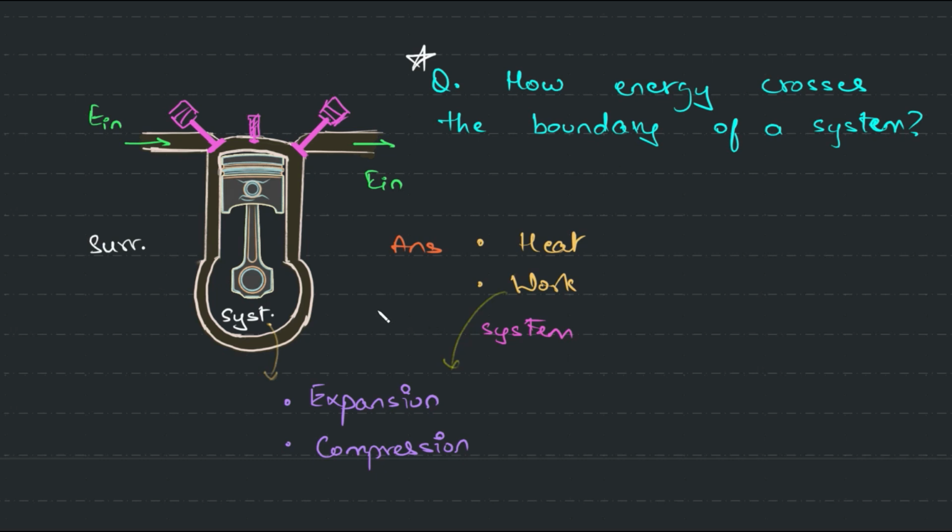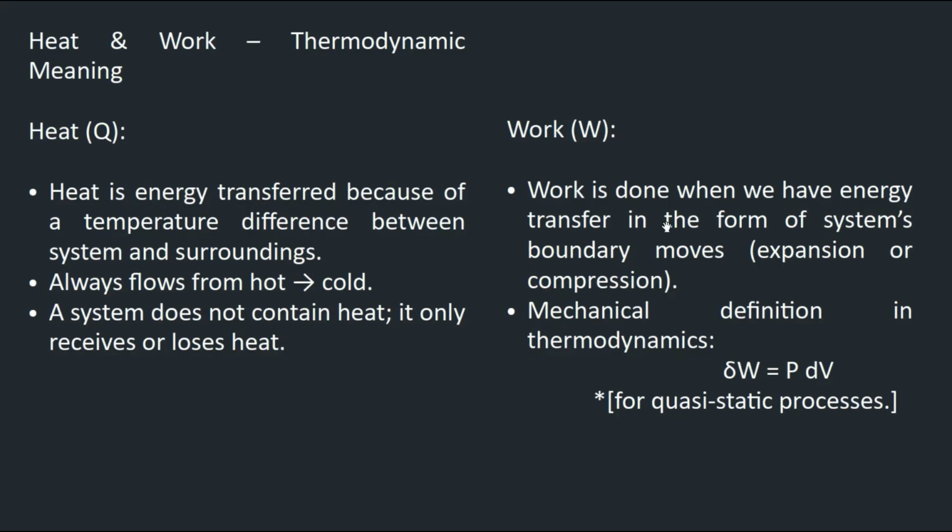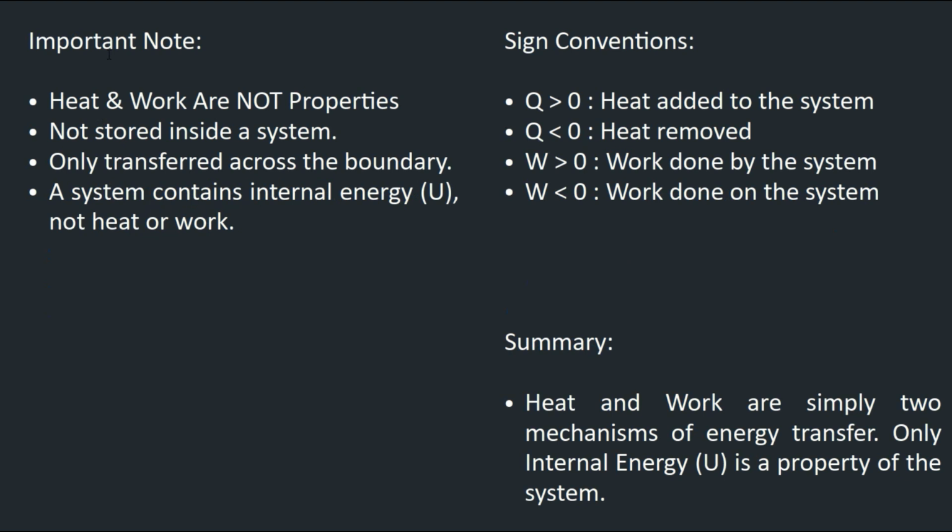So you can understand that the nature of work has to do with compression and expansion. Right? And we have a small important note. Heat and work are not properties of the system per se. They are not stored in the system. They are only transferred across the boundary, while the internal energy is part of the system, unlike heat and work.